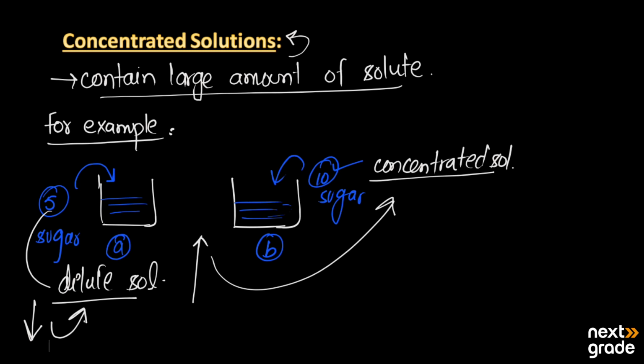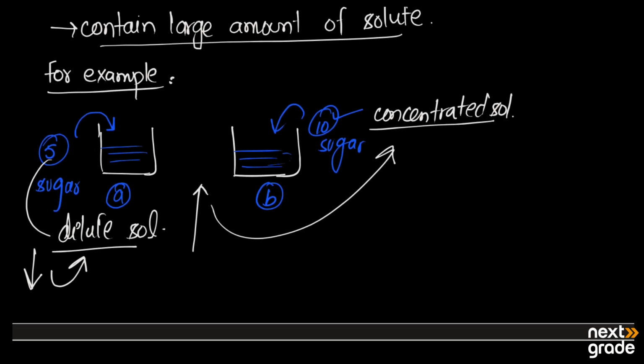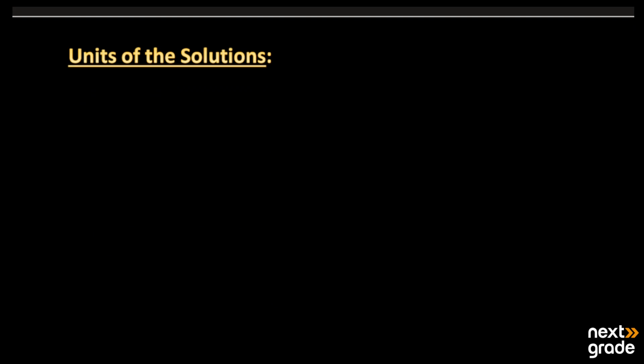Next, we have the units of the solutions, that is, how we can measure the concentration of the solutions. Basically, for the measurement of the concentration of a solution, whether it is dilute or concentrated, there are various units that can be used to express the concentration of a solution. Mainly here we will have two.